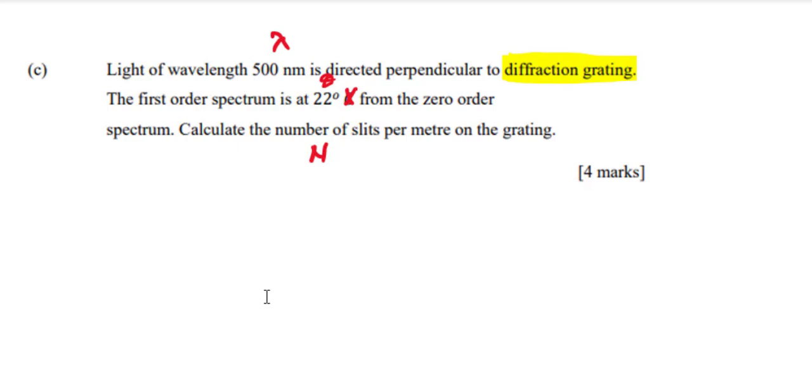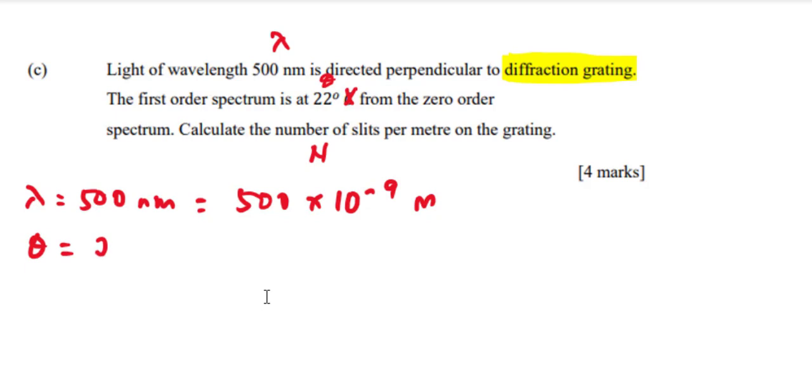Let's take out all the information given. We have lambda is 500 nanometer, that would be 500 times 10 to the power of negative 9 meter, right? And then we have the angle 22 degree, and N is 1 over d, right? So we have to determine the d first.